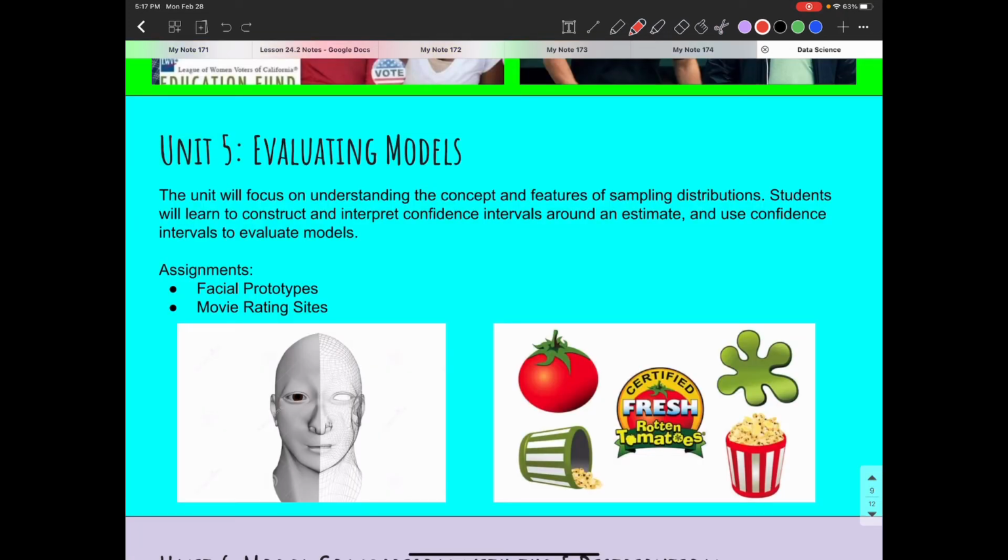In Unit 5, we're going to be evaluating models. So at this stage in the course, students are going to learn how to model the distribution of estimates. And one of the assignments we're going to be working on is facial prototypes, where students are going to examine a hypothesis that some names look like they go with certain faces. For example, he looks like a Tim.